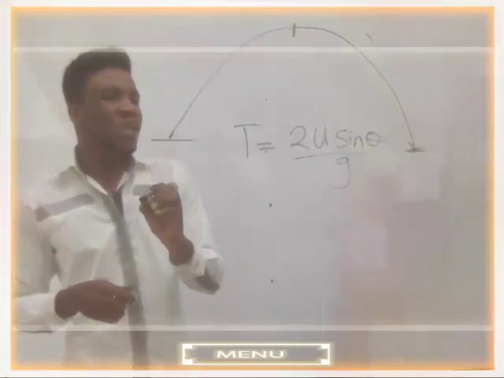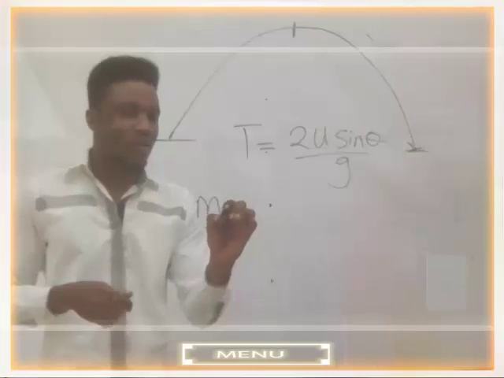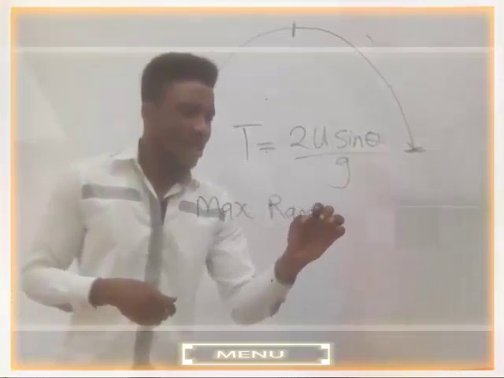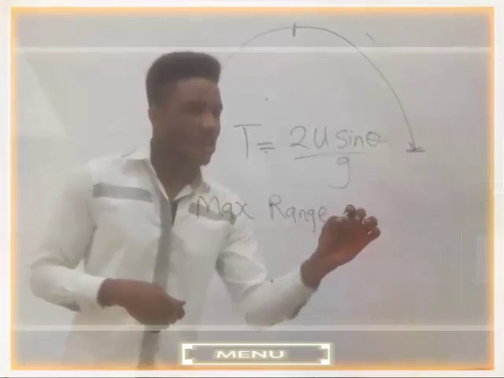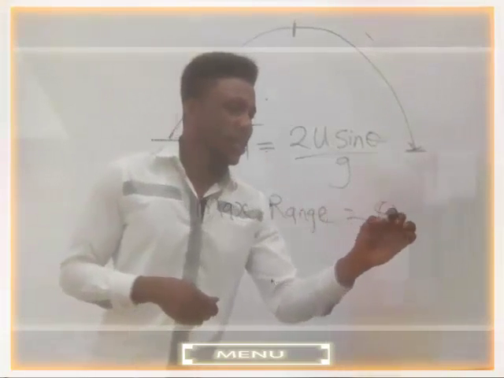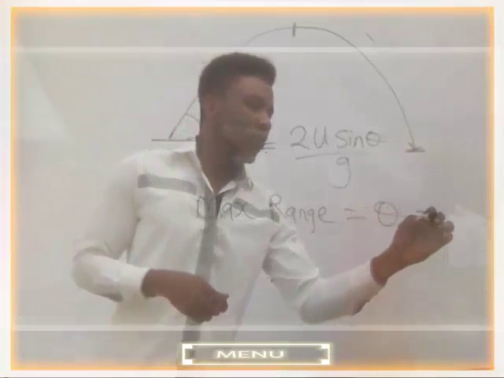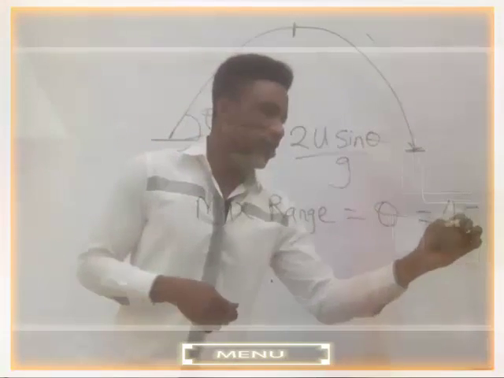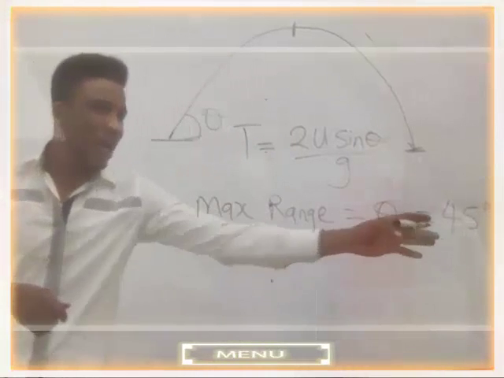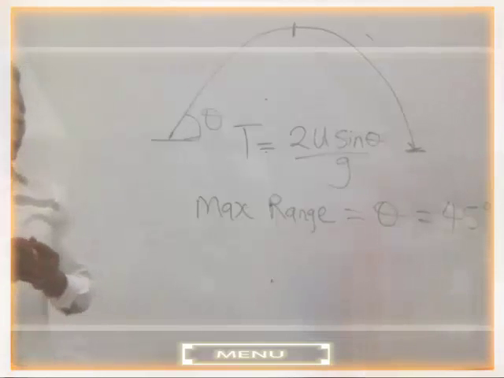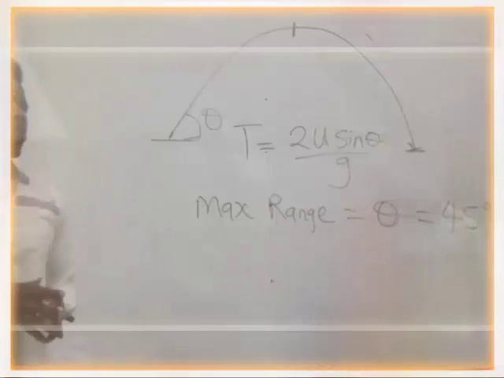And the maximum range is obtained when theta, the angle of fire, is equal to 45 degrees. So these are the important points you have to take along with you on projectile motion.